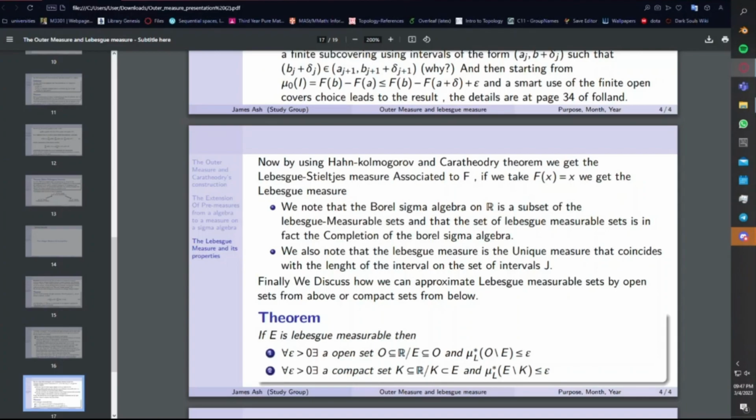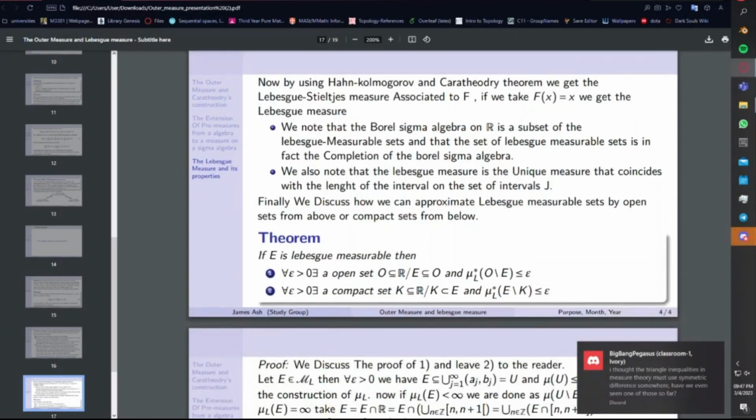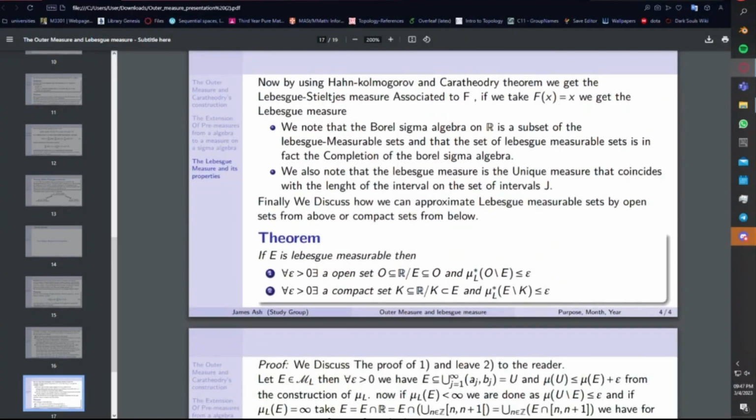It's a subset O of R such that E is a subset of O. Yeah, that's what I meant. Probably should have been more clear about that. And here as well, it's not R minus K. K is a subset of R such that K is a subset of E. Yeah, that's what I meant.